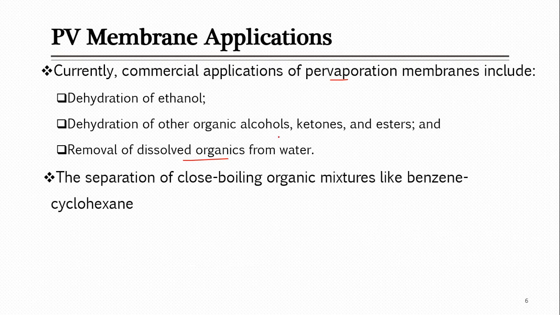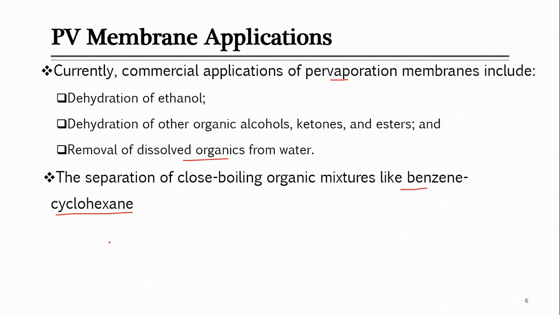Then there is the separation of close boiling mixtures, which you know are difficult to separate. At the start we also discussed that close boiling organic chemicals are difficult to separate. For those applications, pervaporation membranes are good.